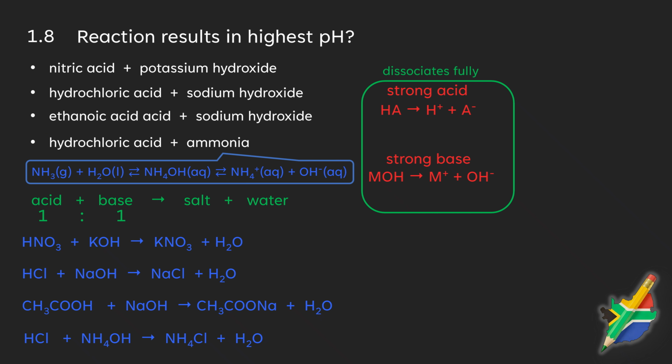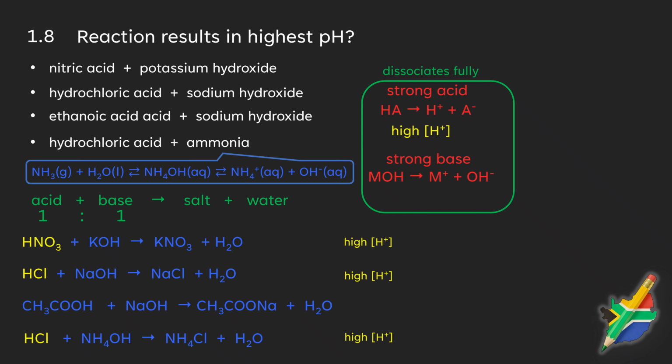We know that strong acids and strong bases dissociate fully or completely in solution. In red, we have the general equations for this. Because the dissociation is complete, a strong acid produces a high concentration of hydrogen ions in water, which can react with water to form hydronium ions.